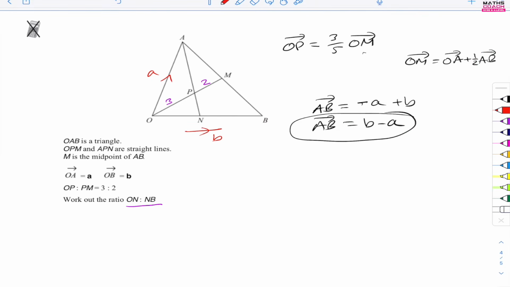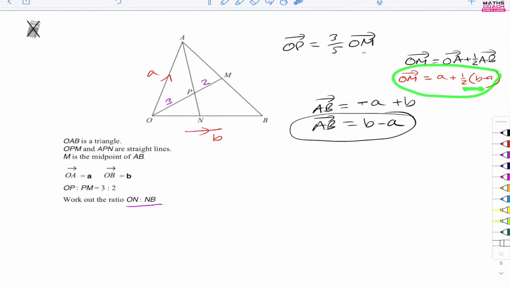Okay, so that will be O to M is equal to O to A, which we know is A, plus a half of B minus A. Hopefully, so far so good. That's O to M. After expanding this bracket part out, we can put it right in here again.